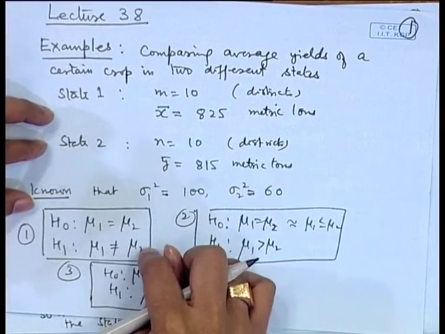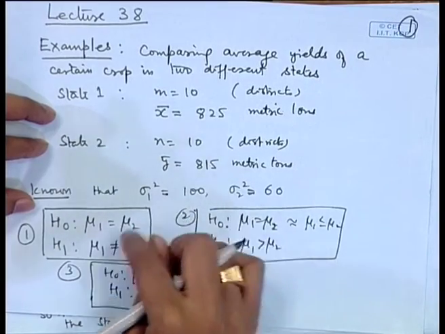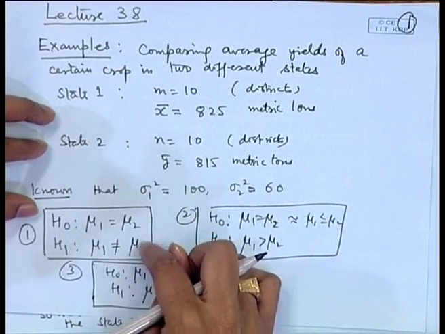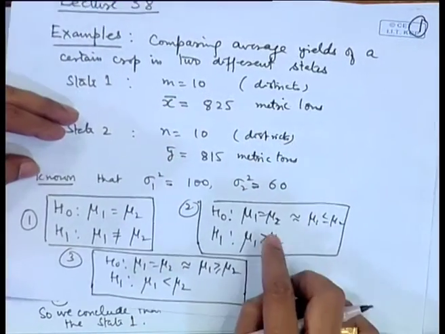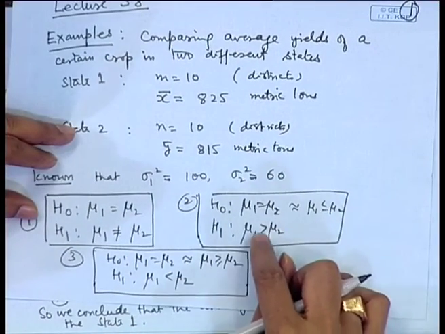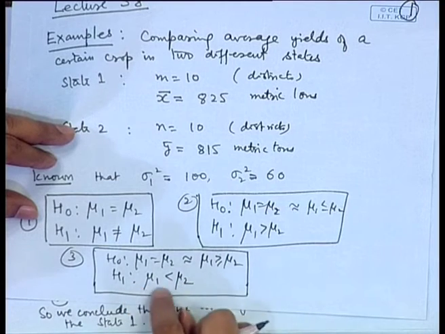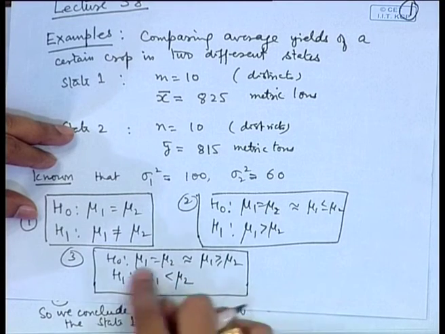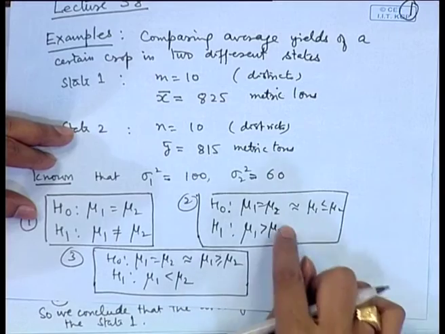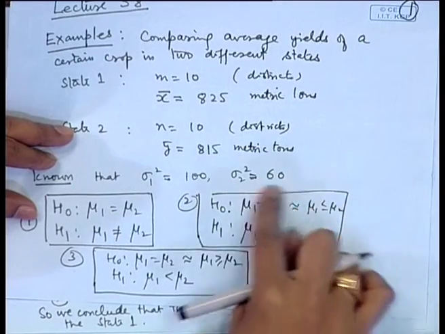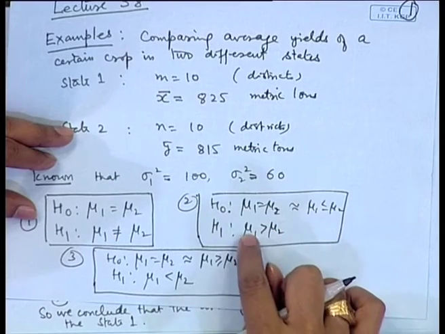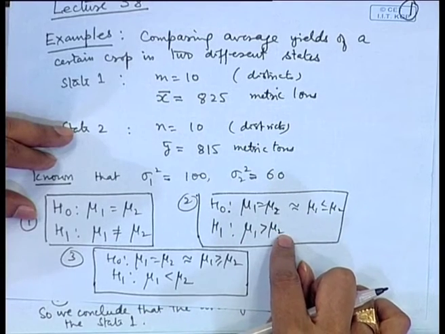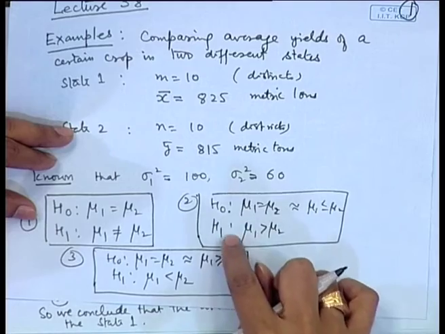Now, if mu 1 is not equal to mu 2, then we have a suspicion that mu 1 is greater than mu 2 precisely from here, because x bar is greater than y bar, and therefore, the hypothesis of mu 1 less than mu 2 means, in this favor we will never have a decision, and therefore, we consider the second hypothesis testing problem, that is mu 1 less than or equal to mu 2 against mu 1 greater than mu 2, and here the decision is in the favor of H 1.